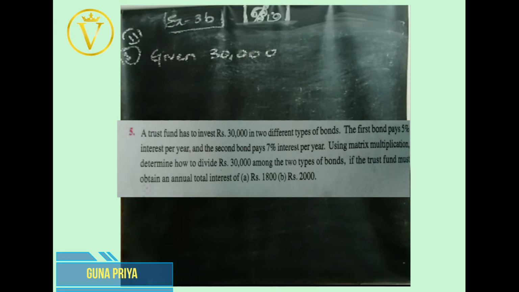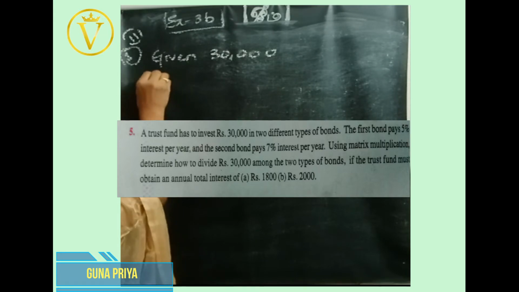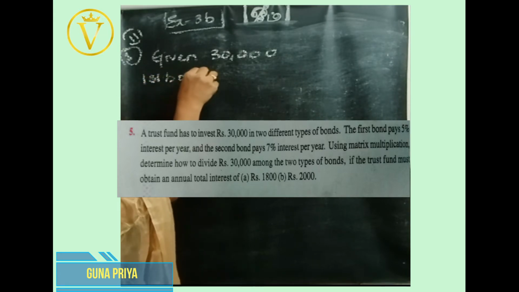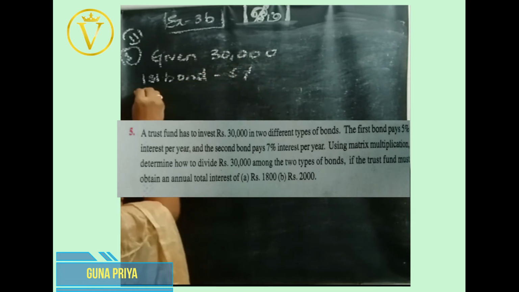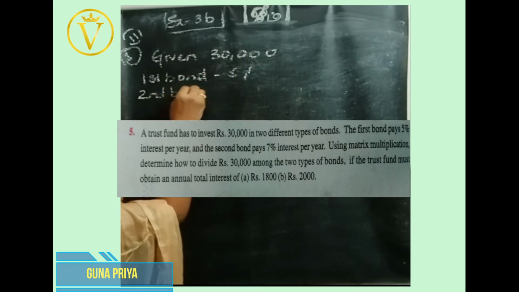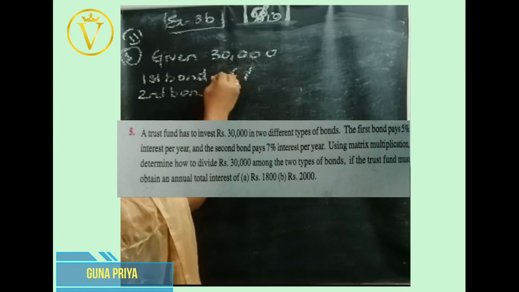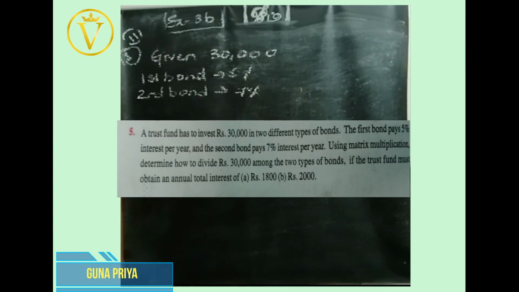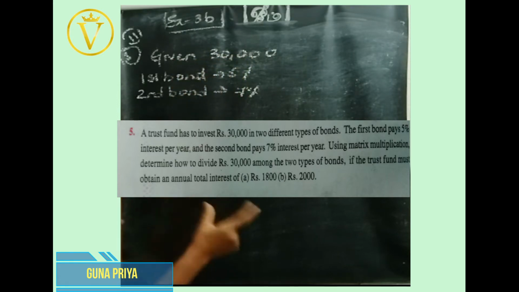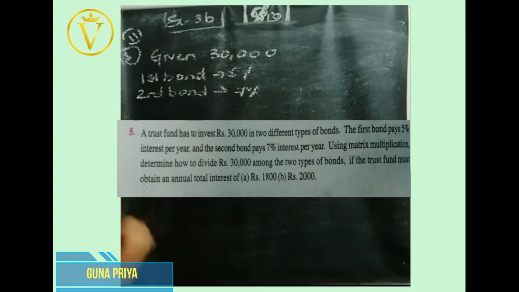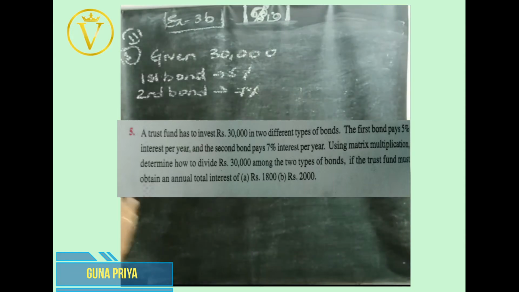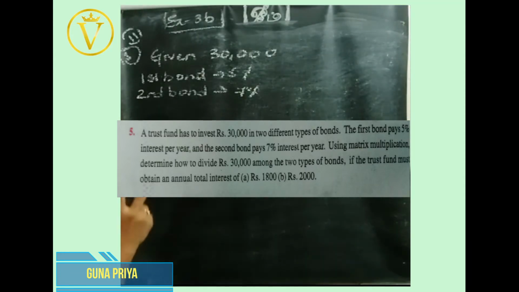First bond is 5% interest, second bond is 7%. Now using matrix multiplication, we have to determine how to divide the 30,000 rupees into the two types of bonds with the annual, that means one year, 12 months, total interest amount value that they have given.